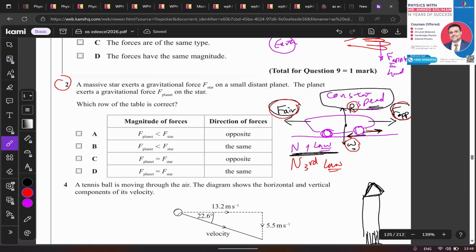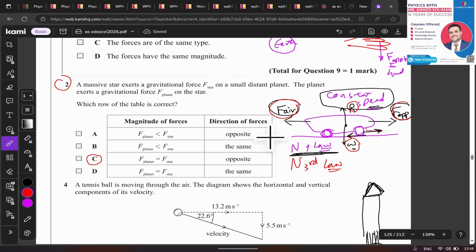Question 2. C. Do you agree, Mirola? I'm still reading. I think it's A. You think it's A. Now, Mirola, can you read?